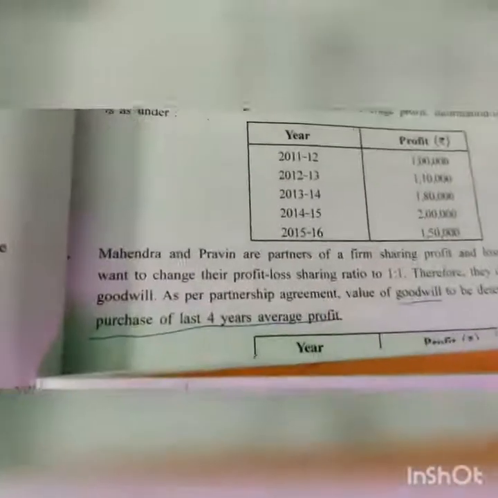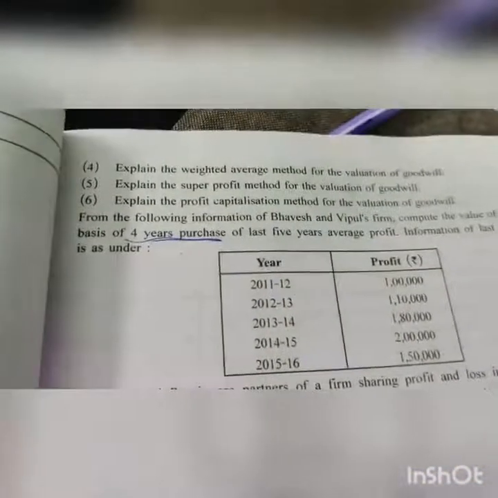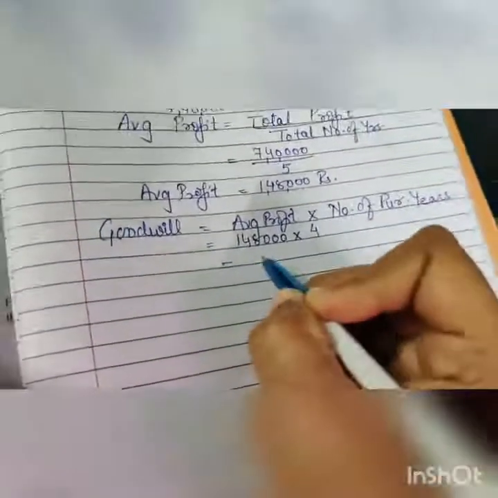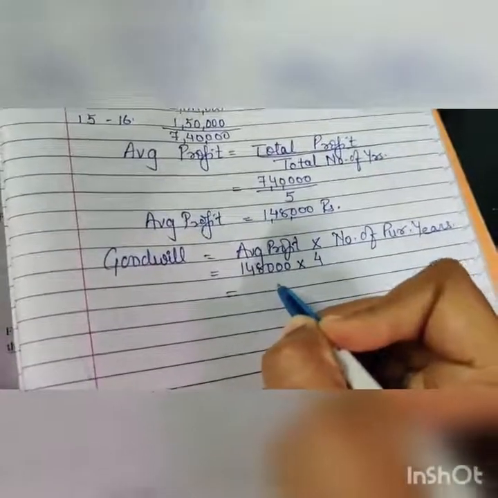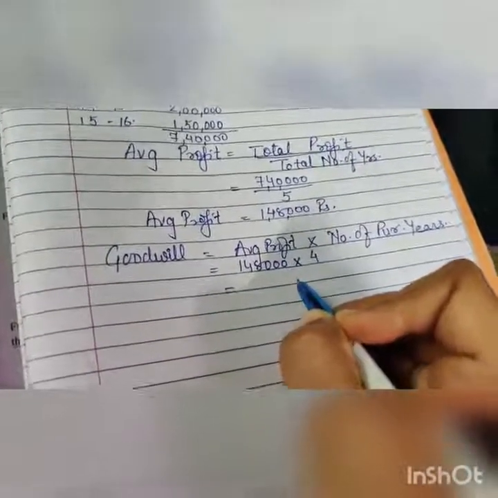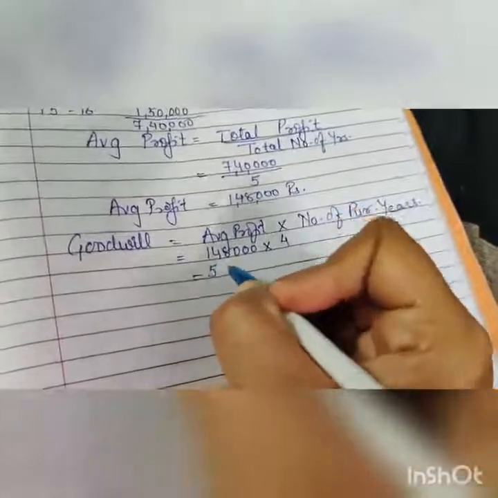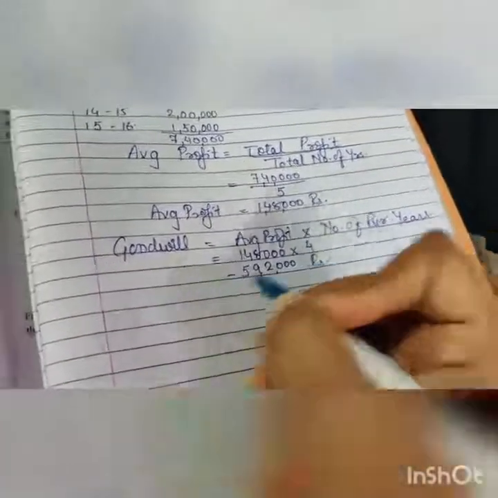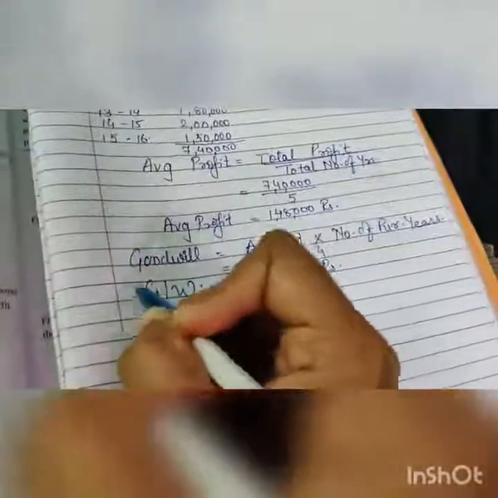To us it was given that is 4 years. Okay, the 4 years purchase, so we will multiply it by 4. So what do we get? 1,48,000 multiply by 4, so that comes to 5,92,000 rupees. Okay, so this is your amount of goodwill.